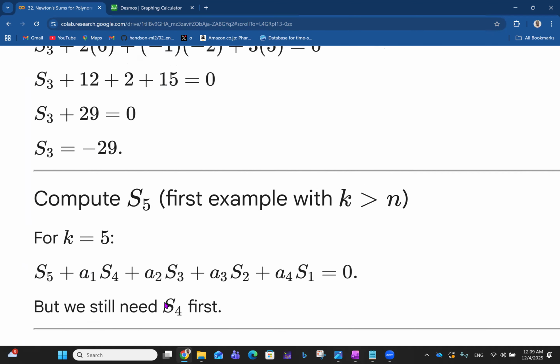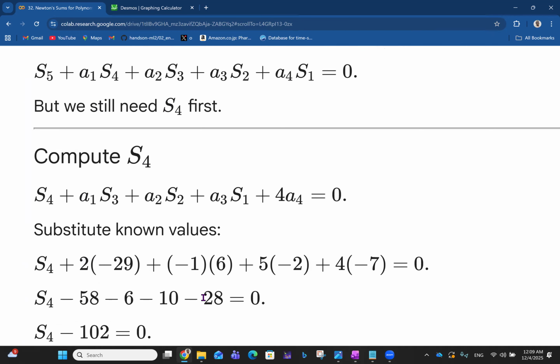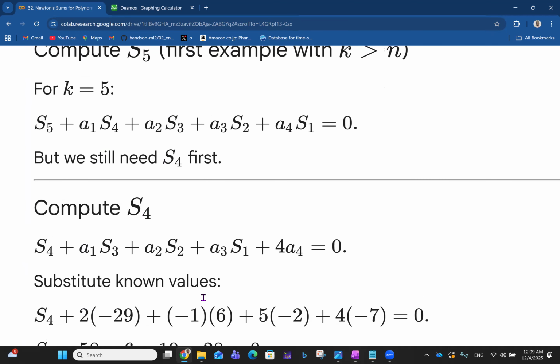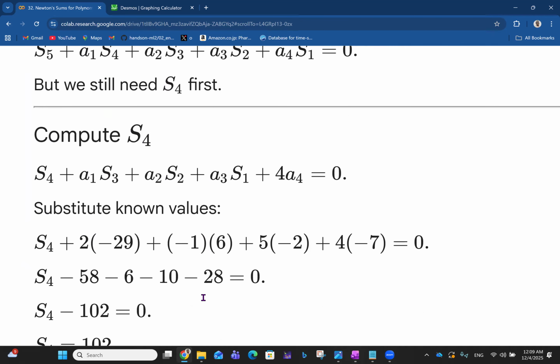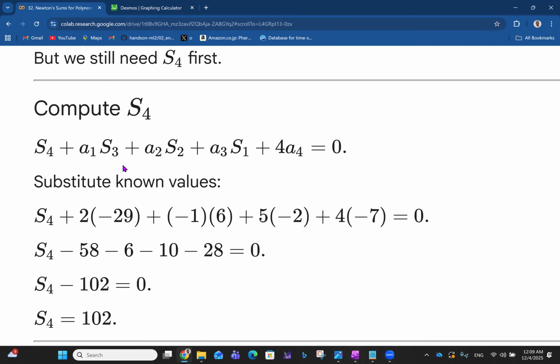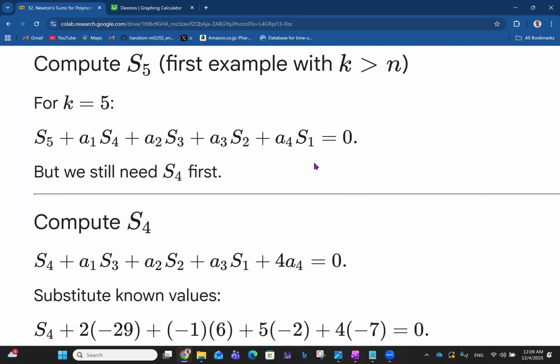And then here, we now want to compute S5. That's the first example with k greater than n. So for k equals 5 now, we have S5 plus A1 S4 plus A2 S3 plus A3 S2 plus A4 S1 equals 0. But of course, we can't compute for k equals 5 if we don't know k equals 4. So for k equals 4, we have S4 plus A1 S3 plus A2 S2 plus A3 S1 plus 4A4.